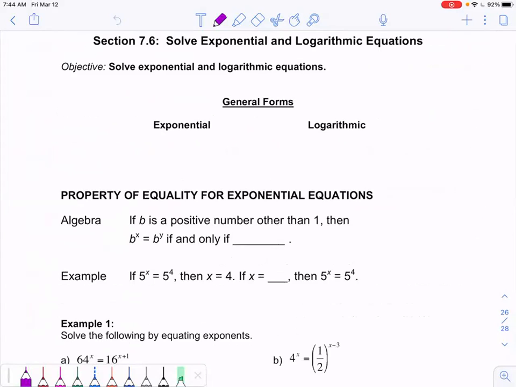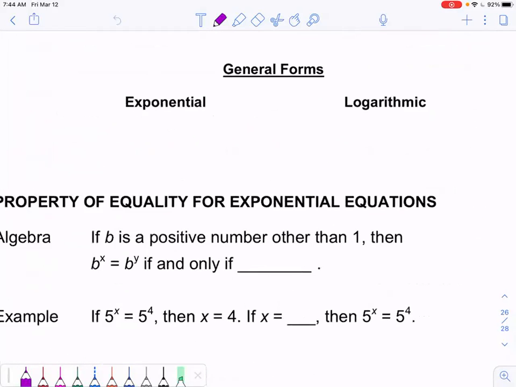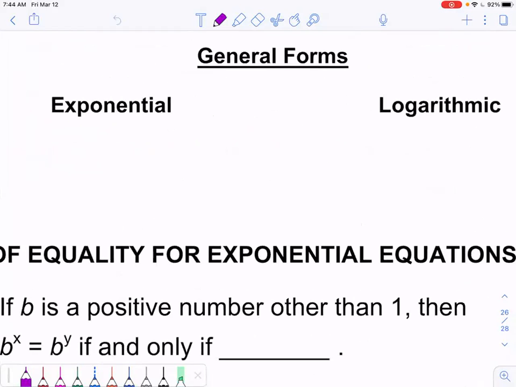So solve exponential and logarithmic equations. First, we're going to start off with a refresher of those two forms. So exponential form is y equals b to the x. That's our exponential form.